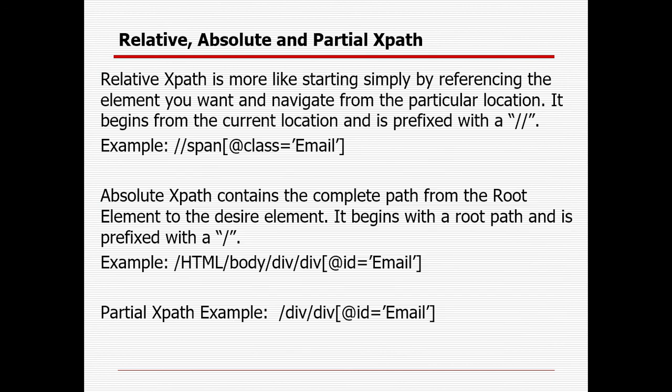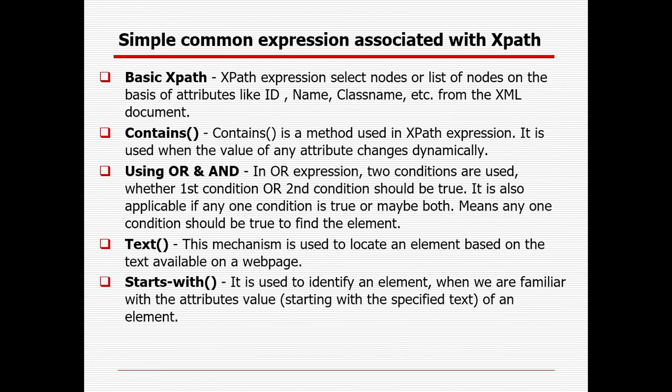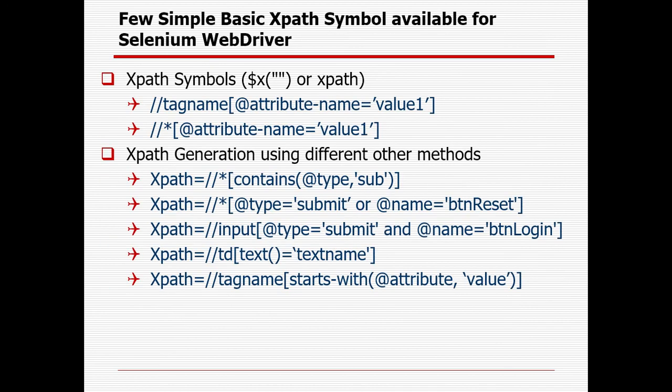Okay, so those are the different criteria through which we can create our own customized XPath. We can use the XPath with the help of double slash, tag name, third bracket, @attribute name equal to, within single quotes the value, and we need to end with the third bracket. If you do not know the tag name, you can use an asterisk instead of the tag name.